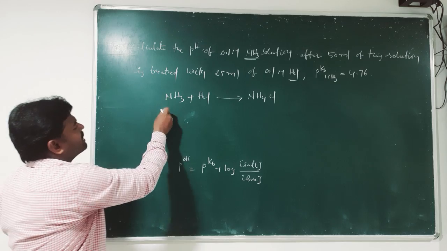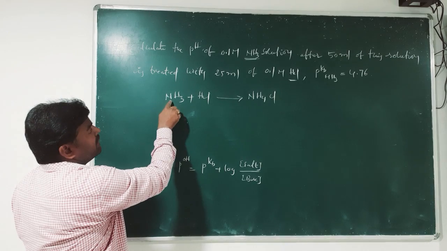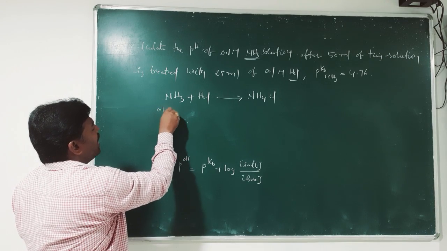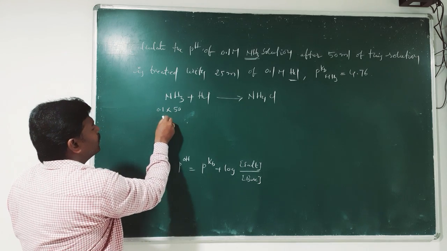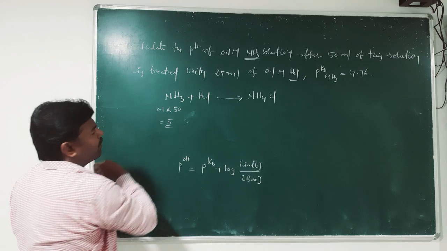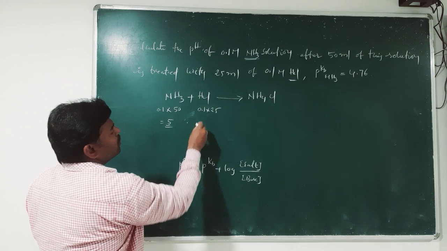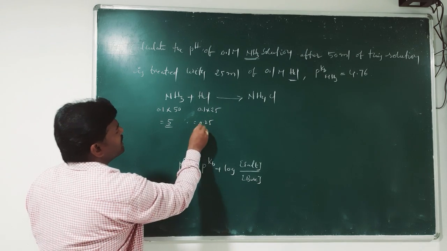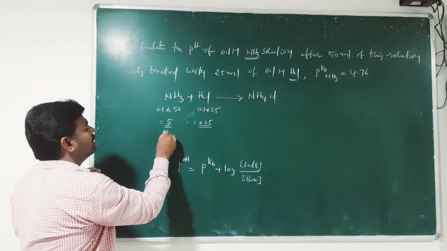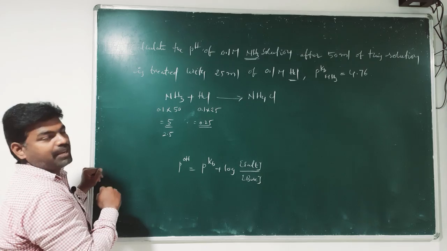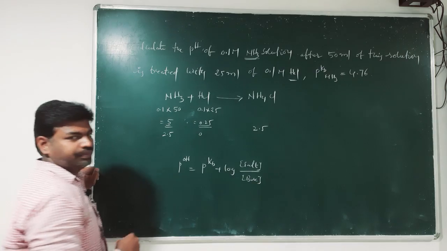So let us calculate the millimoles, that is the concentration of ammonium chloride. Ammonia's molarity is 0.1 and its volume is 50 ml, which comes out to be 5 millimoles, and HCl is 0.1 into 25, which comes out to be 2.5 millimoles. This is the limiting reagent, and after the reaction is over, there is 2.5 millimoles of ammonia remaining, and the acid is 0, and the salt concentration is 2.5 millimoles.